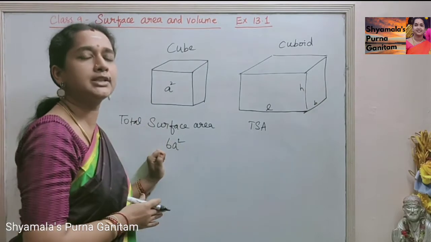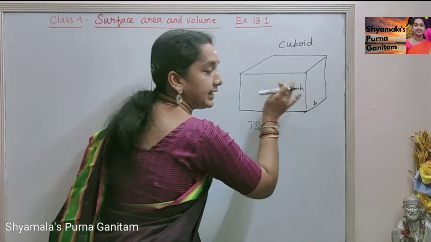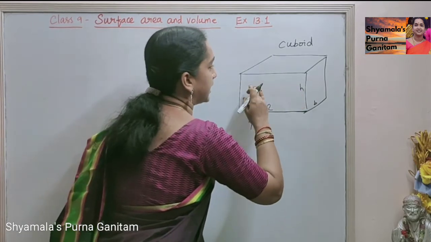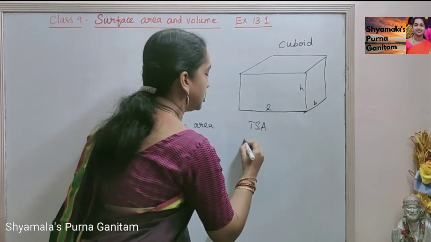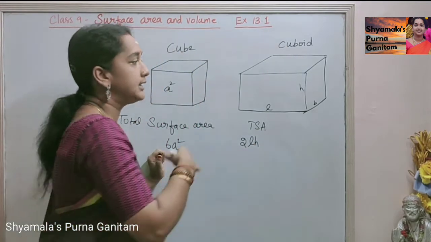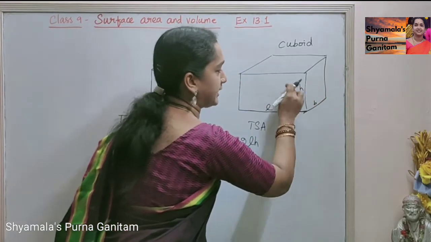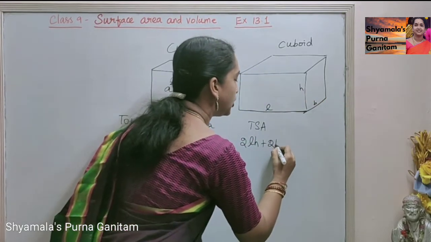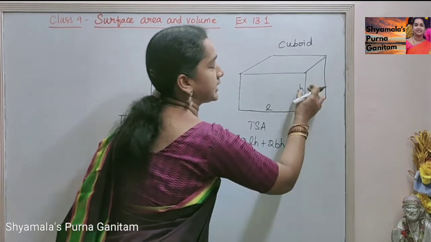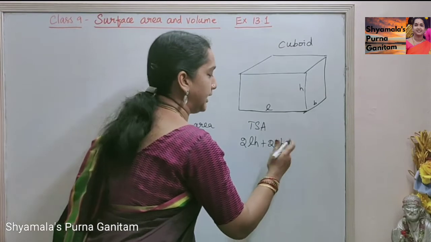So the total surface area will be, when you take this side, length and height, you will be having two sides. So 2 into L into H. Same way, on this side you will be having two sides, breadth and height. So 2 into breadth into height.